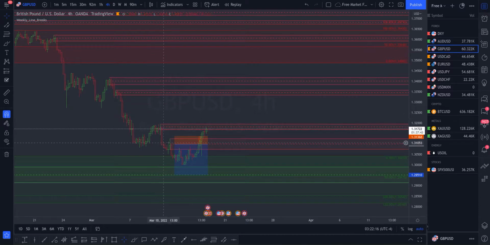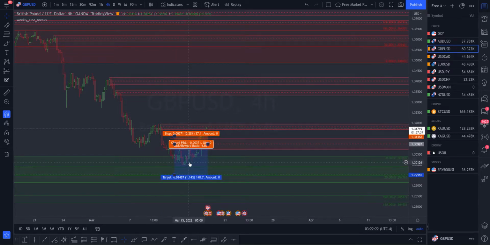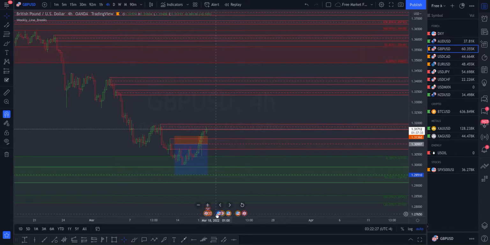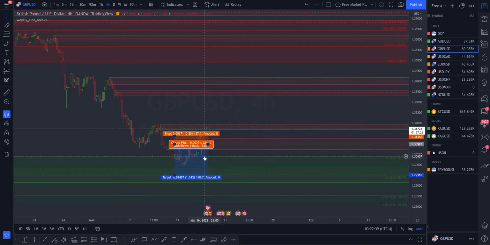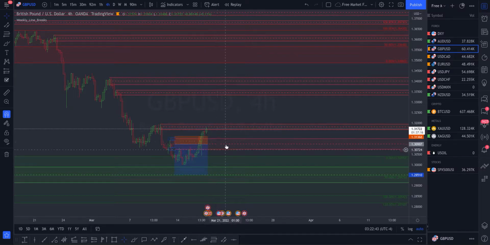But nonetheless, this pair has not moved a lot, if that makes sense. But we did have some high impact news back here that I believe gave pound USD the volume it needed to push through this 4-hour supply zone.